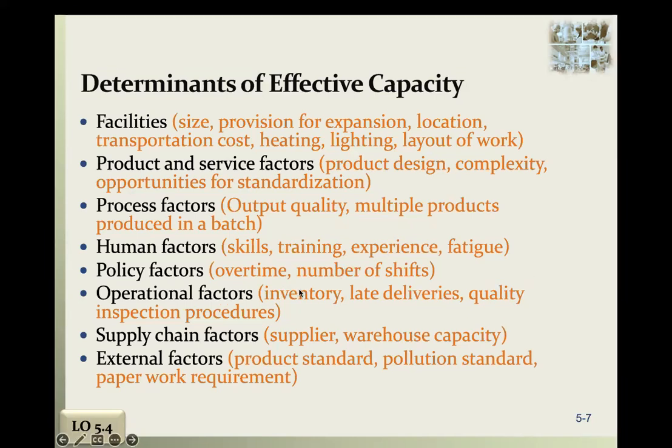And then operational factor, that's inventory and late deliveries and quality inspection procedures. For example, your processes are dependent on inventory received from a supplier, and there's a possibility that there might be late deliveries, which means you may have to stop your operations.